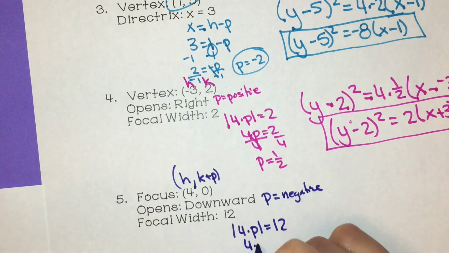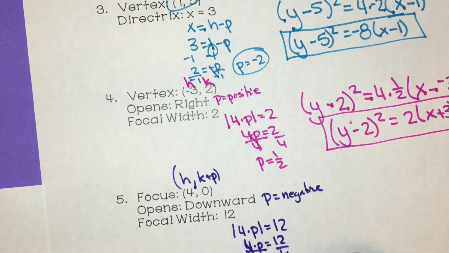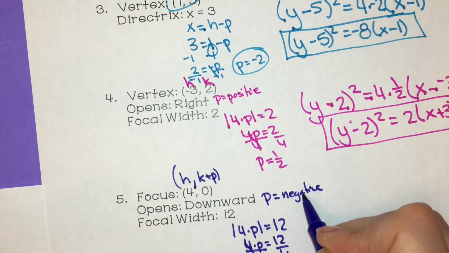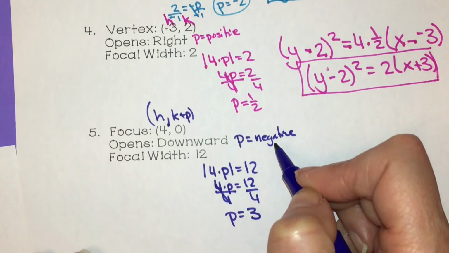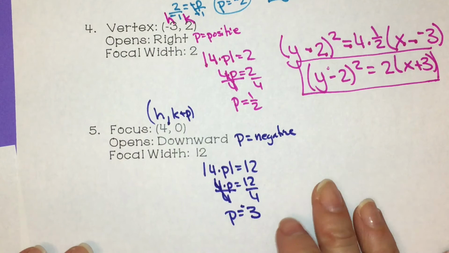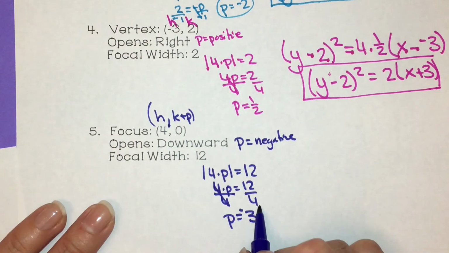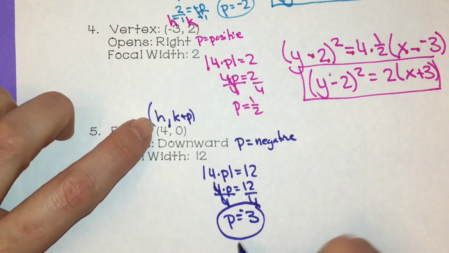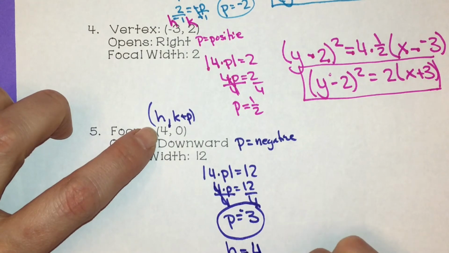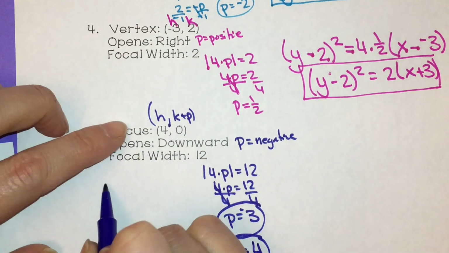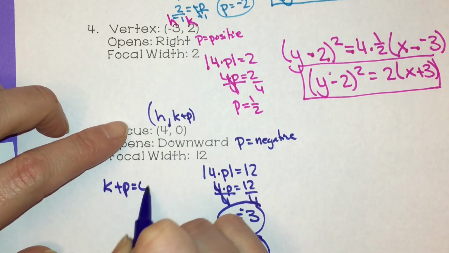So I'm just going to do 4 times p equals 12, divide both sides by 4, and p equals 3. But I know it's negative. Whoops. So p equals negative 3. So I know p is negative 3. I know h is 4. And I know k + p equals 0.